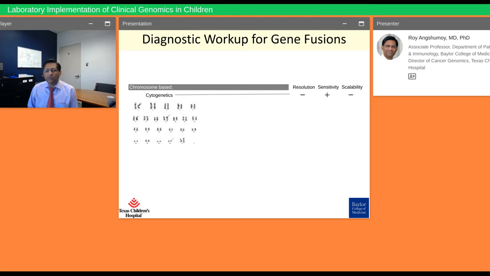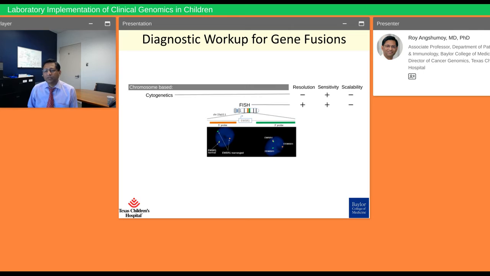So how would you do workup for gene fusion? The classic workup was based on cytogenetics. This is the legacy method that is still used in some contexts. It has fairly low resolution and is not scalable at all.